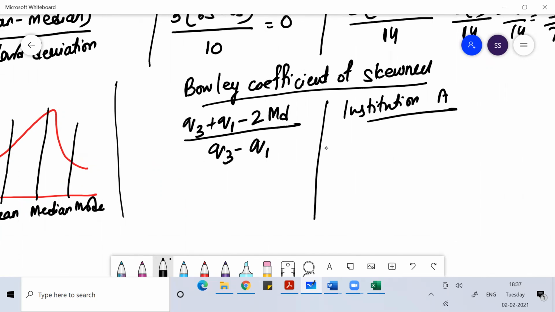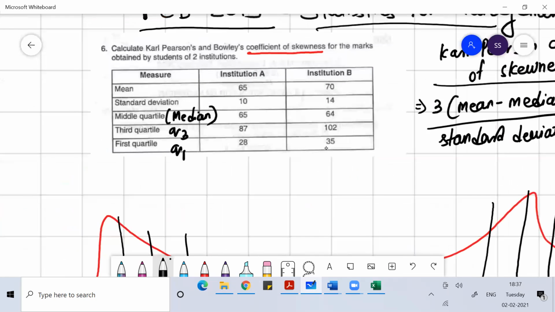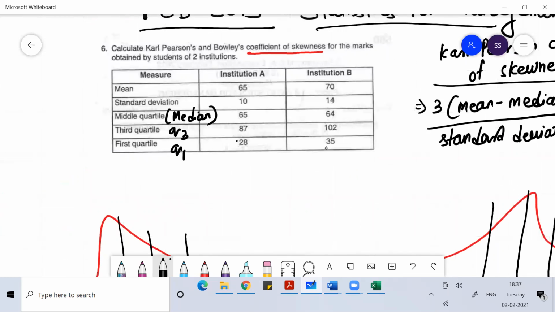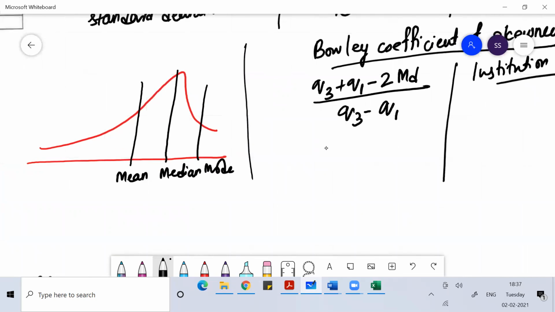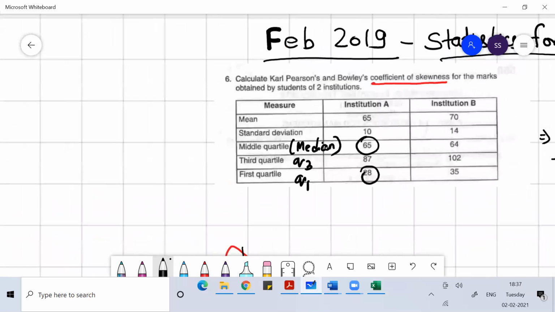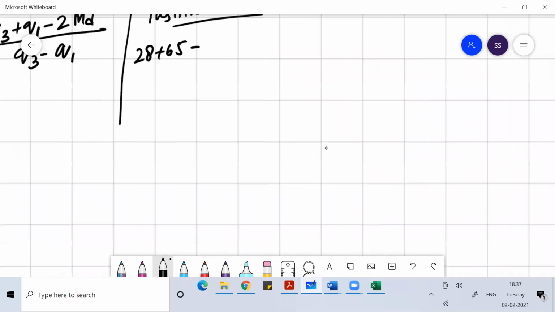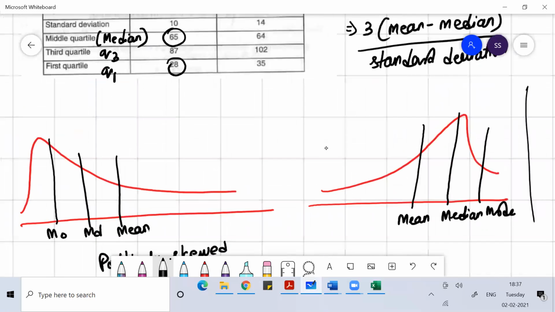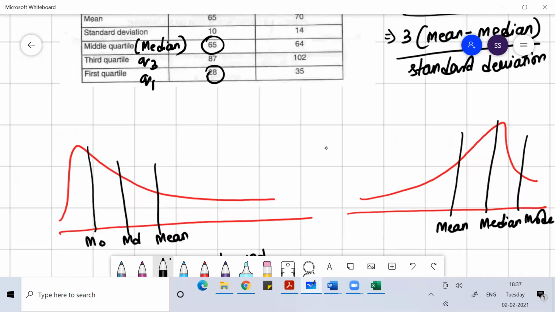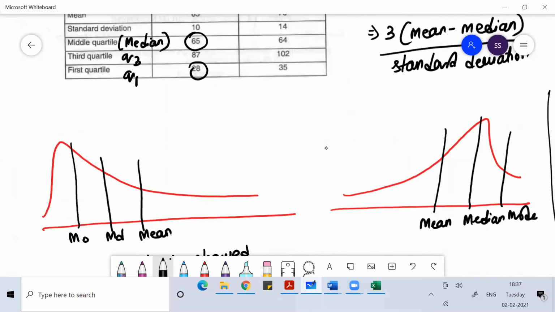For institution A, Q1 plus Q3: sorry, Q3 is 87.